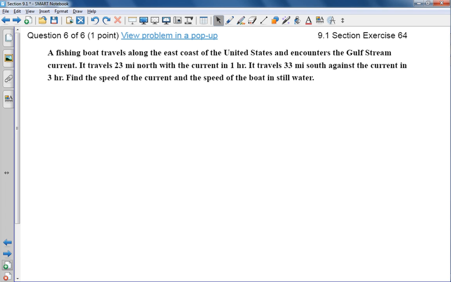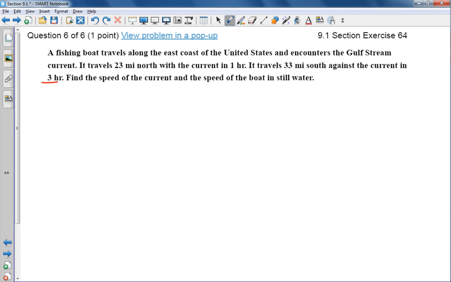Have you ever paddled in a river against the current? You will know it's harder against the current. It's the same situation. Faster with the current, slower against the current. So you travel 1 hour with the current, but against the current is 3 hours. So you're slower later.